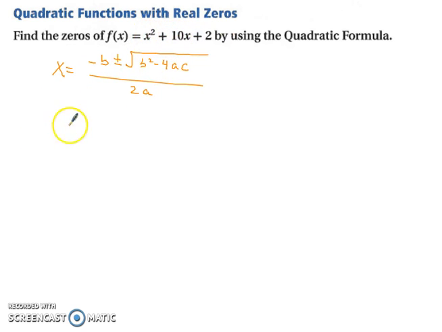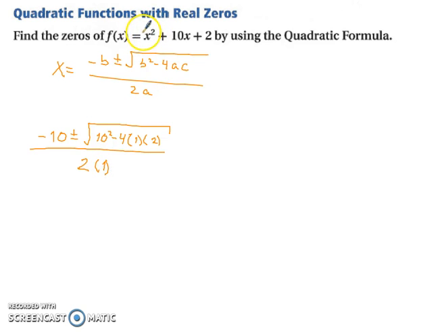So our opposite of b would be negative 10 plus or minus, and then we have the square root of b squared, so 10 squared minus 4 times a times c, all divided by 2a. And in case you're having trouble, you can always go through and label. So your coefficient to x squared is 1, so that's your a, your b, and your c.